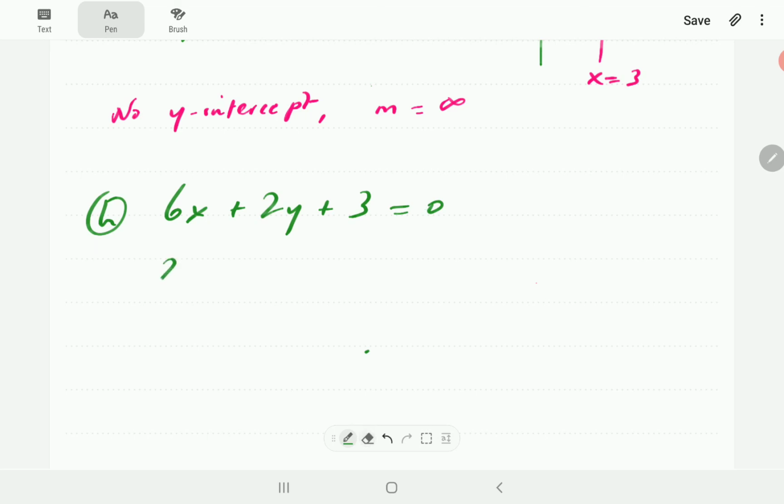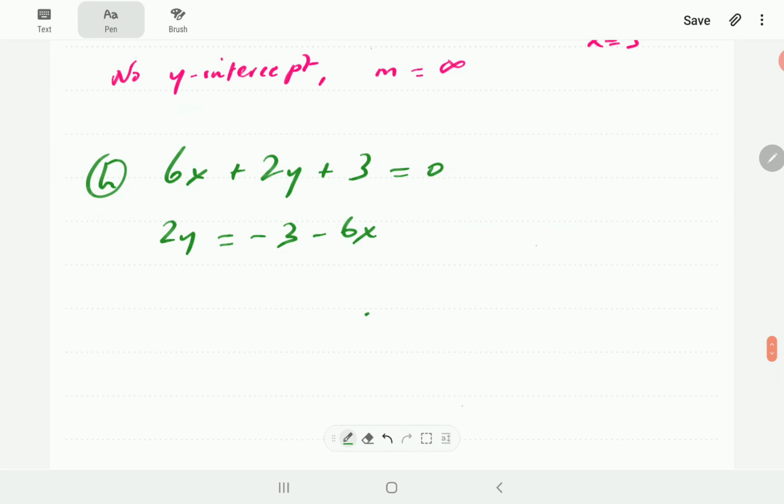So here we're going to have to make y the subject of the formula. 2y equals minus 3 minus 6x. So y is going to be minus 3 halves minus 6 over 3x, so minus 3 halves minus 2x.